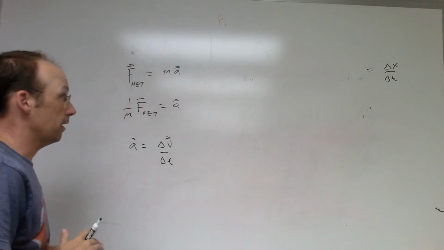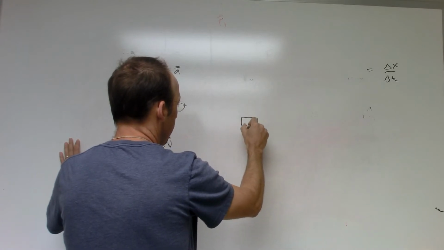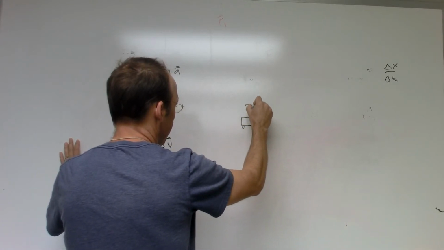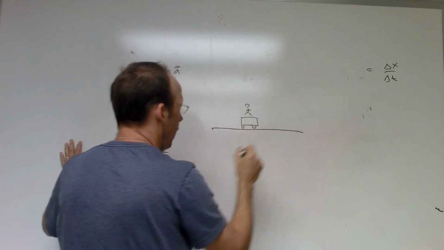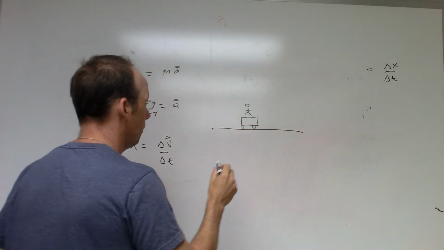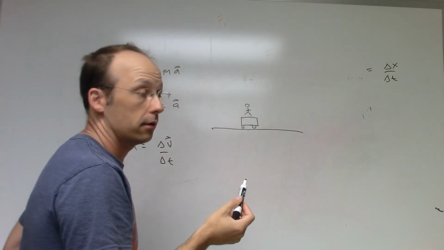Okay, one last thing. Let's say that I'm on a bus. I'm standing on the top because, you know, that's what I like to do. And I can throw a ball at, say, 10 meters per second.